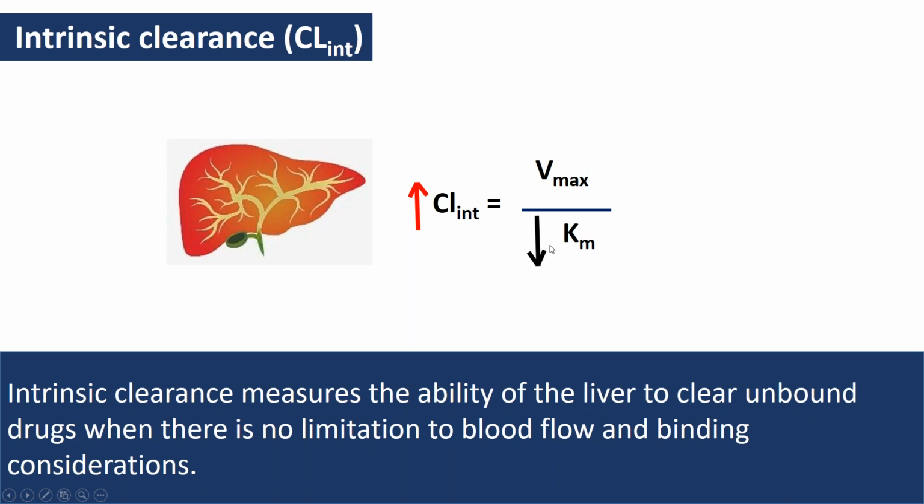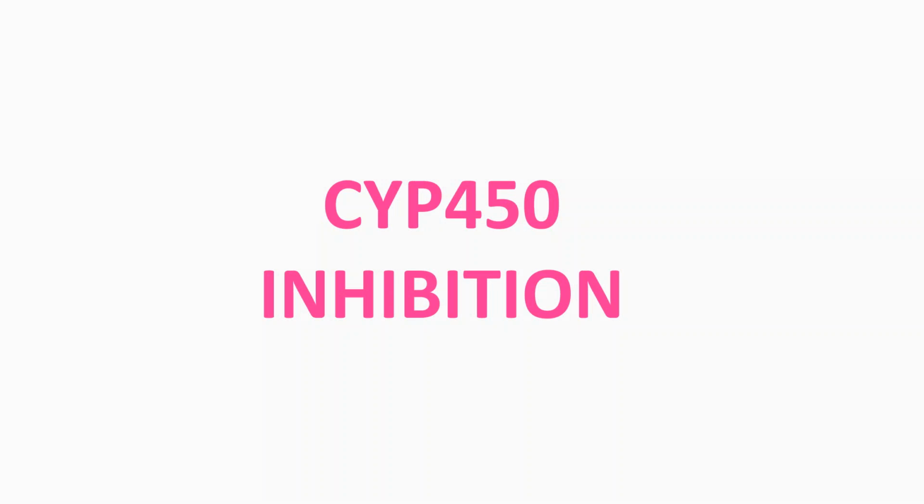If you have lower intrinsic clearance, you have higher binding capacity. That concept of intrinsic clearance plays a very important role in most exams. That's a big one in the exams. All right, so what is also big in the exams is the CYP450 inhibition mechanism.